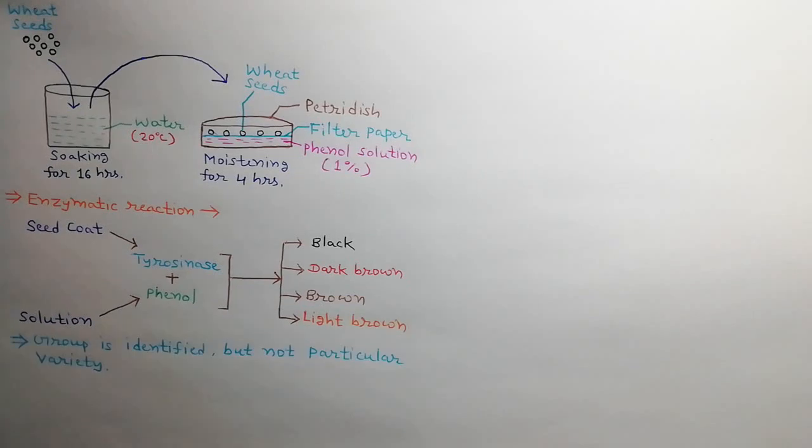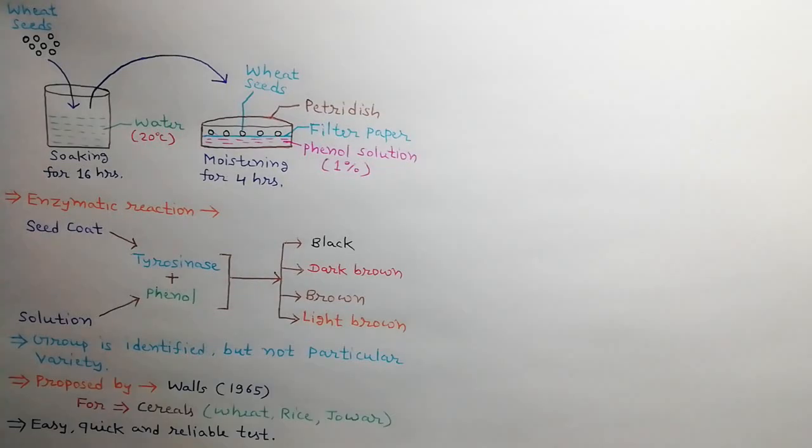By this test, a group of varieties can be identified, but it is difficult to identify the seed of a particular variety. This test was proposed by Wallace in 1965 for cereals, particularly wheat, rice, and jowar. It is an easy, quick, and reliable test.